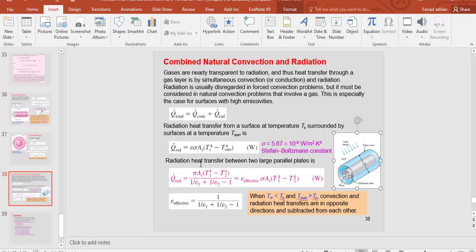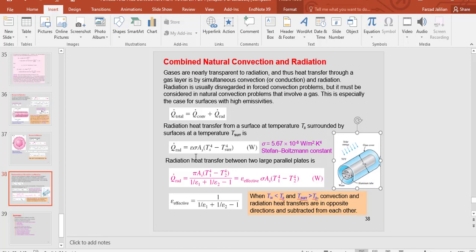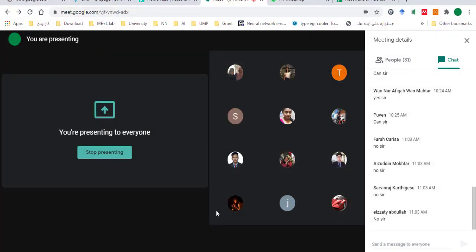Then for two parallel plates, we can use this equation to find the rate of heat transfer. So this is a general equation to find the rate of heat transfer for a surface with given surface and surrounding temperatures.